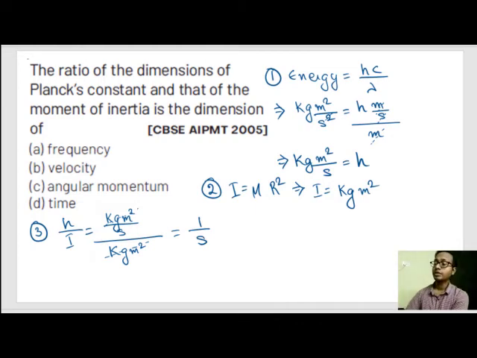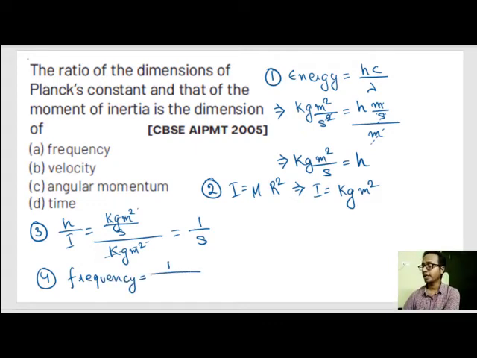Now this 1 by second is also the dimension of frequency. Frequency is nothing but 1 by time period, and time period is given by second, so 1 by second. Therefore our correct option is option number A.